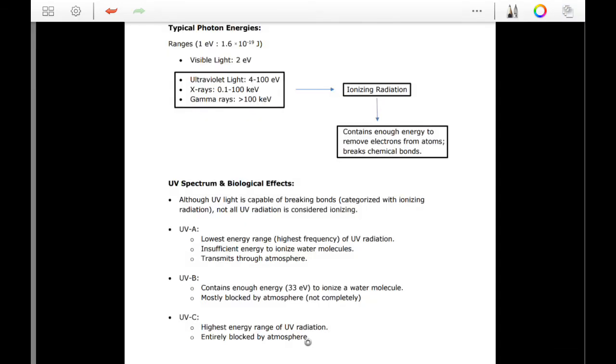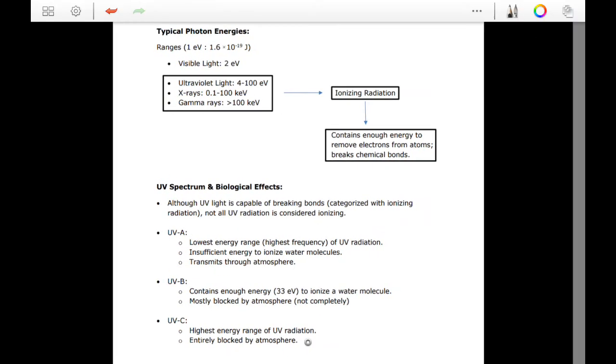And so next we're going to talk about something that's sort of unrelated, but we're going to cover the typical photon energies. And so here are the ranges of the amount of energies per photon of electromagnetic radiation, with visible light having the least amount of energy in comparison to these three. But as we know from the electromagnetic spectrum, radio waves actually have the least amount of energy because they have the largest wavelength.